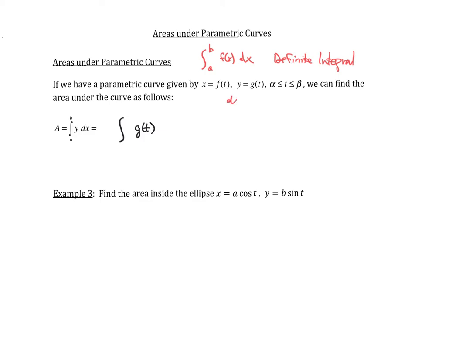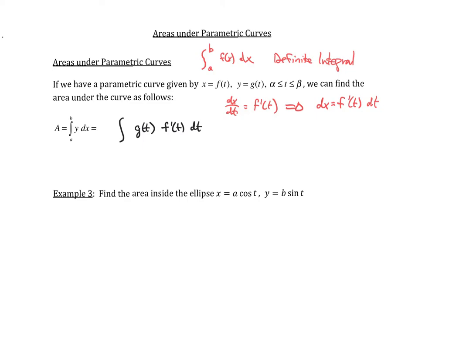So I have dx dt is equal to f prime of t. And then this means that I could rewrite dx as f prime of t dt. So I take that piece and I write that on the right side of my definite integral. So here's f prime of t dt, like that.